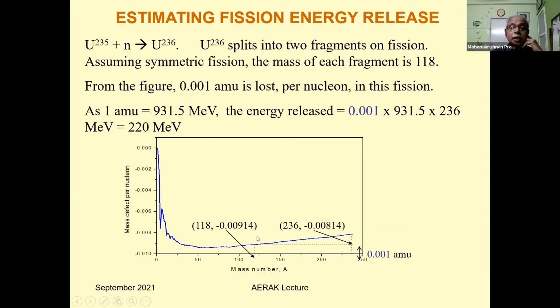So this gap, 0.001 AMU, becomes available as energy, and multiplied by 931 MeV per AMU, you get 220 MeV. So this much energy can be released in a fission.